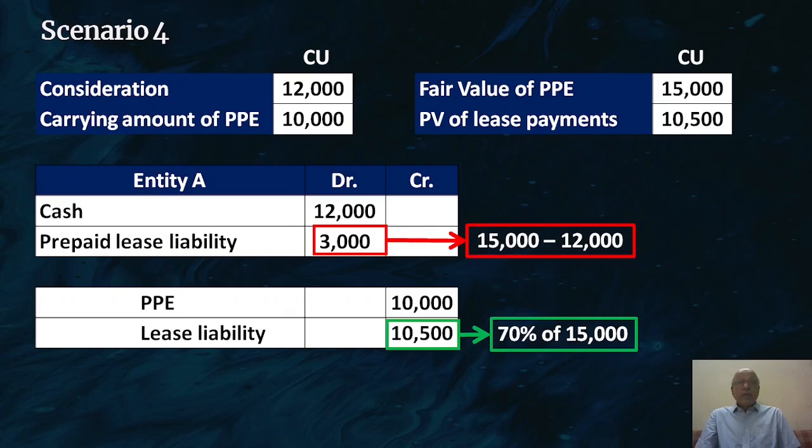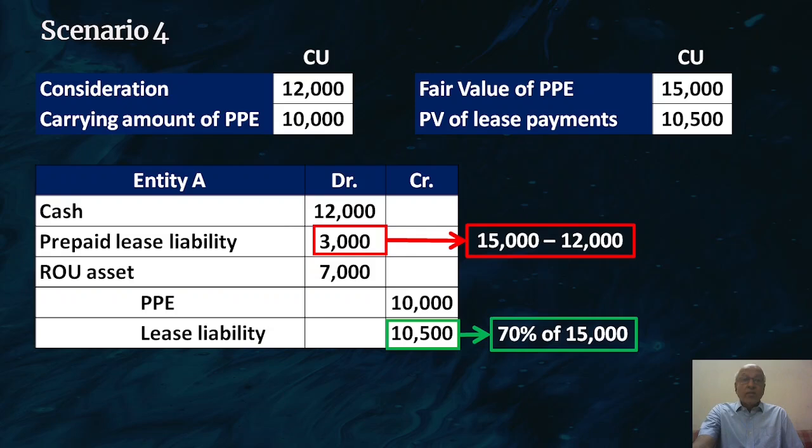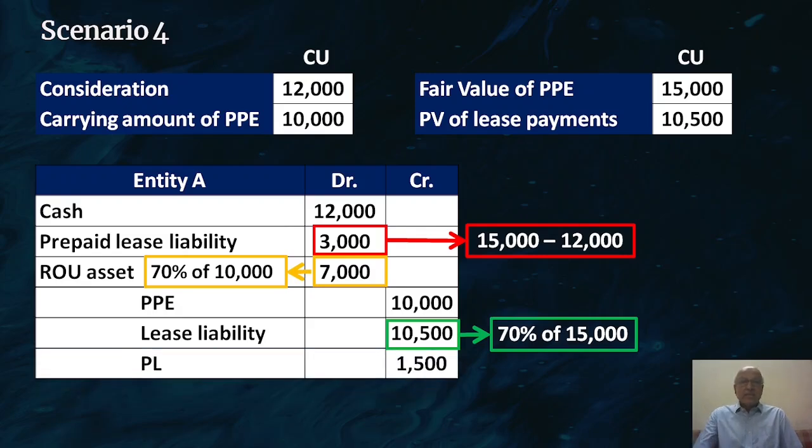Now, what is right of use asset retained? That is 7,000. You see, 70% of the previous carrying amount of the PP, 70% of 10,000. Balance is profit and loss. Gain on right transferred 1,500.